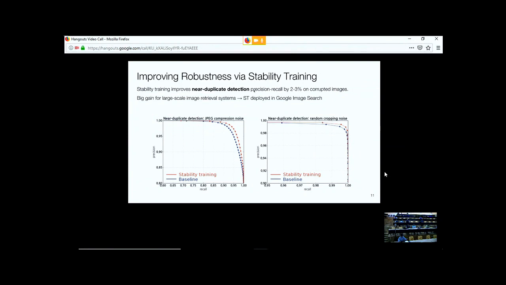Because this represents quite a big gain, improving 2 to 3% on the state-of-the-art system is quite significant, definitely for Google. This is now deployed in Google image search, because image similarity is used to do image retrieval within Google image search.